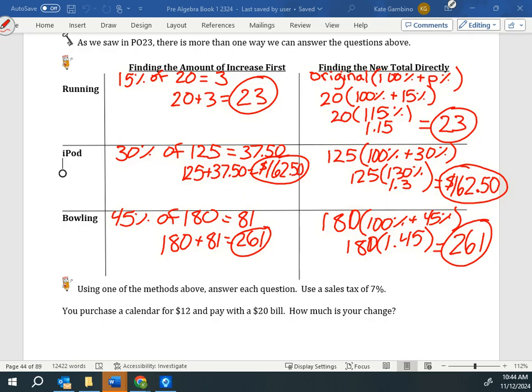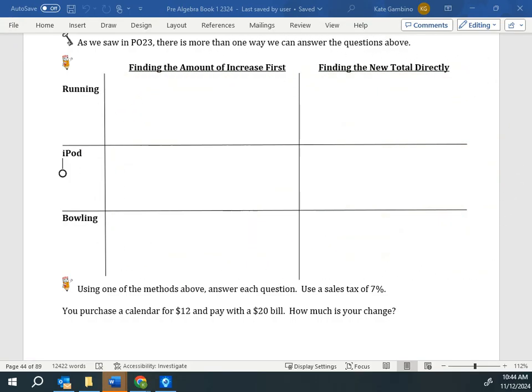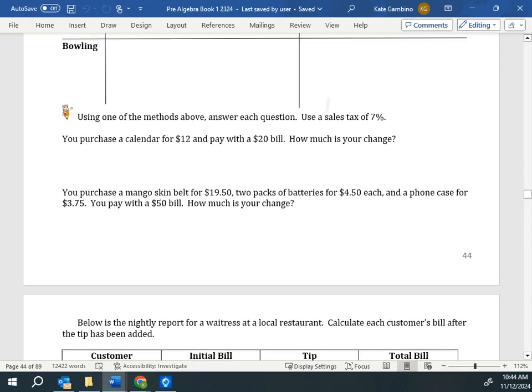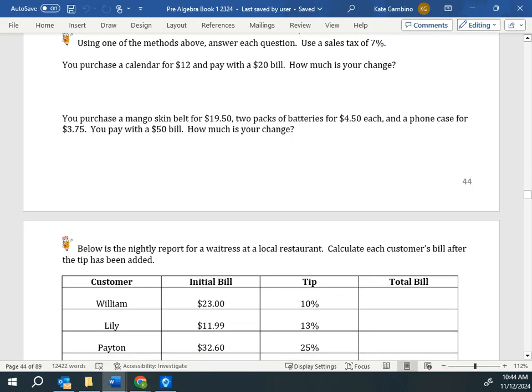So use the one you're comfortable with. If you're thinking, ugh, I don't quite get it, don't use that method. Use the other one. Okay, so using one of the methods above, answer each question. Use a sales tax of 7%.